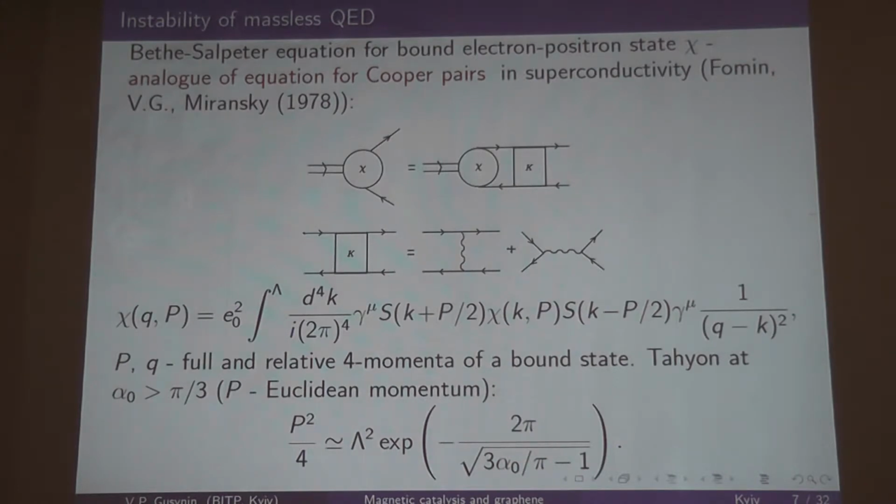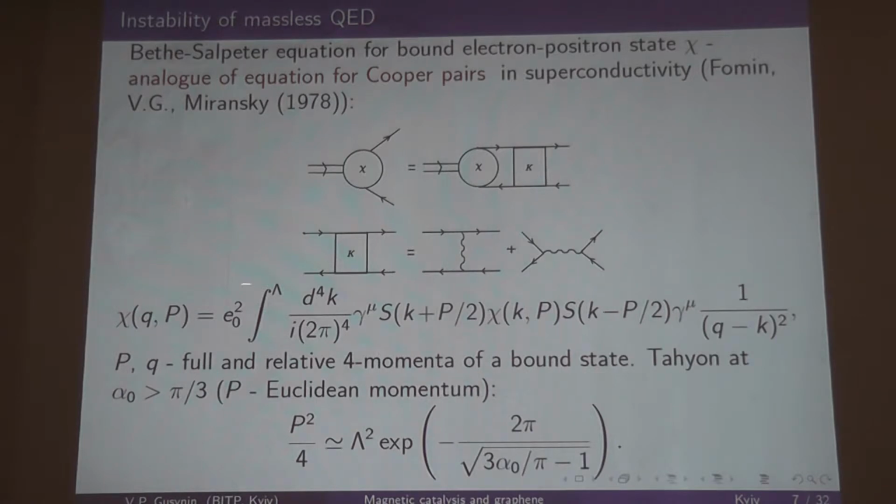Now, let's look at quantum electrodynamics, where this phenomenon of pairing of electron-positron we studied long ago. So we solve the Bethe-Salpeter equation.